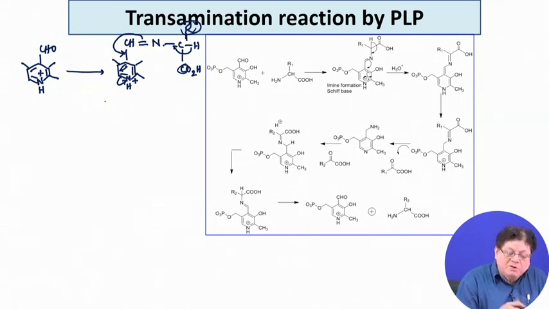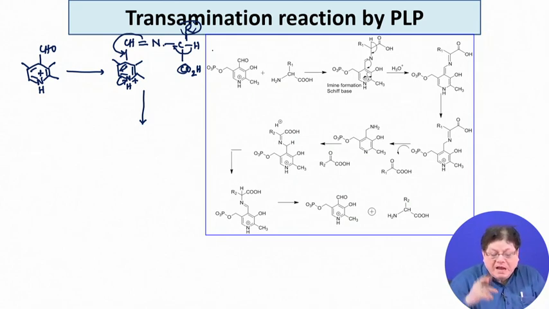Why does it happen? Because this is an electron sink, the nitrogen wants to neutralize its positive charge. The other option is that the carboxy group also can be lost, this CC bond can be broken, but that will lead to the second type of reaction, that is called decarboxylation. We will come to that. So, first let us consider that this hydrogen can be lost.